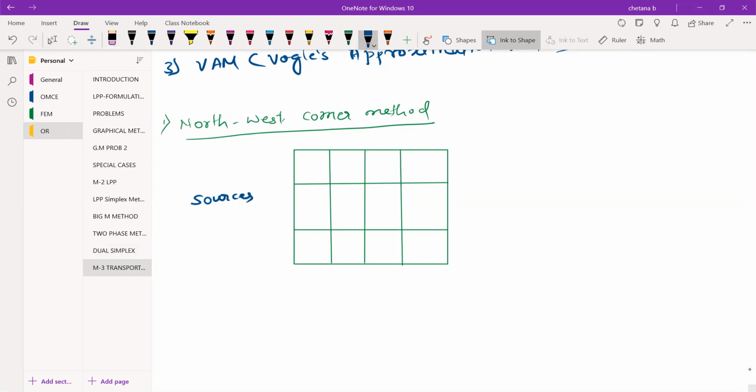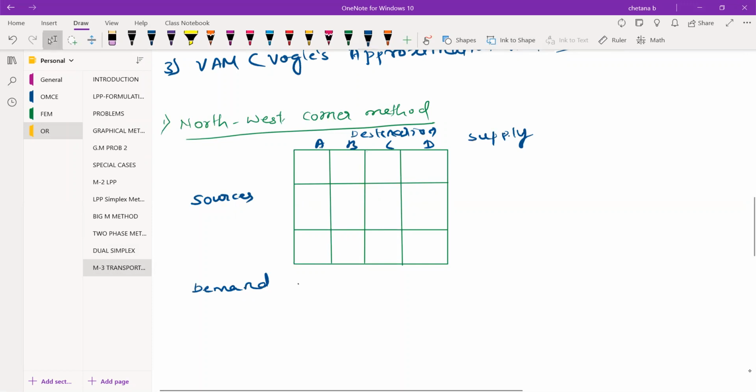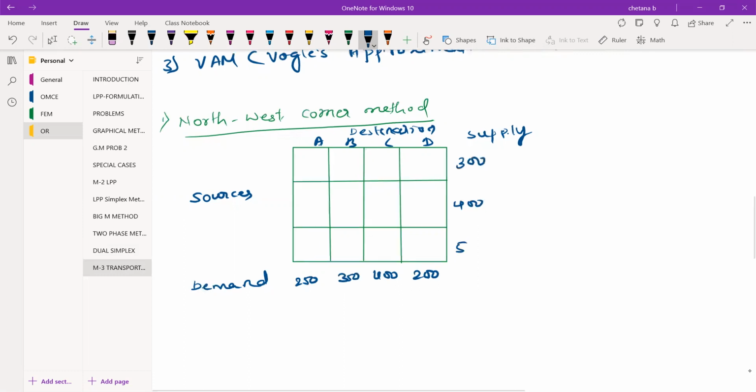So these are the destinations: A, B, C, and D. There are four destinations with supply and demand. The demand is 250, 350, 400, 200. Then you have the supplies 300, 400, 500.